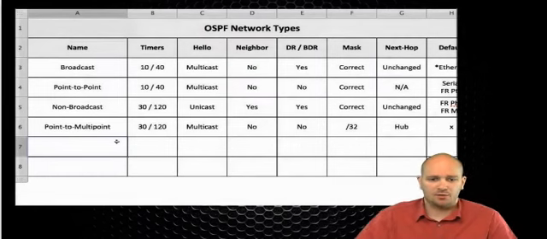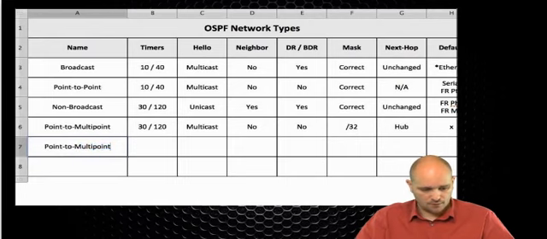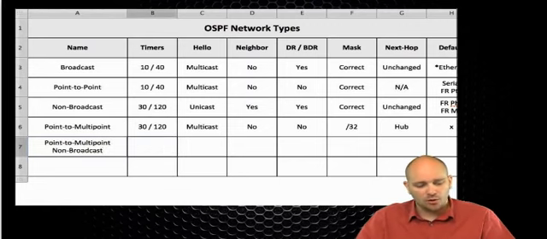The next network type that we're going to go through is point-to-multipoint non-broadcast. As the words imply, this is going to be very similar to point-to-multipoint.